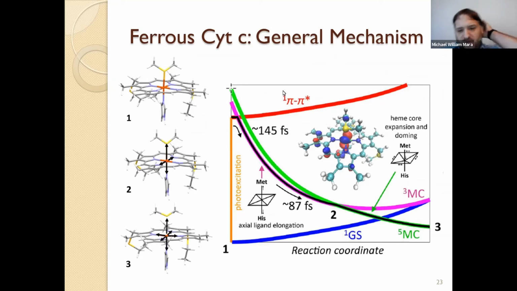And so from all of this, you can put together a general mechanism for how this photodissociation process and the subsequent recombination occurs. Basically we have the initial excitation from the pi to pi stars. We're in some singlet porphyrin state, right? And eventually we manage to cross over into the triplet state.